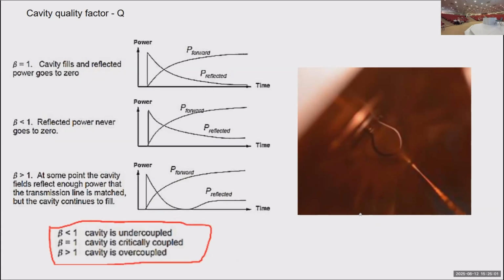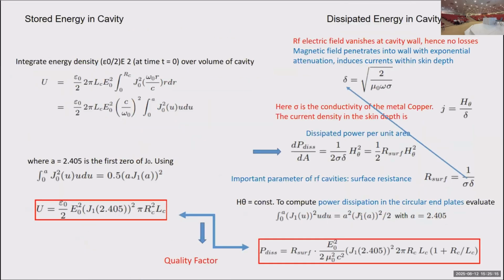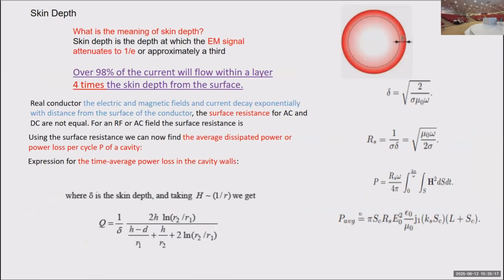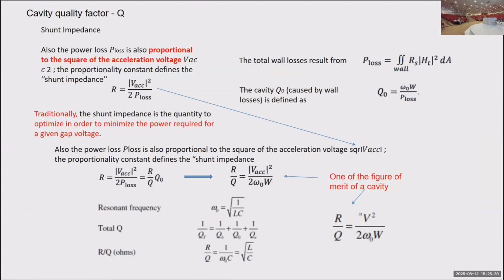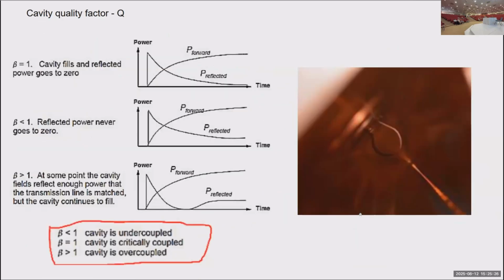Then, if beta is less than 1, the cavity is undercoupled. The cavity is overcoupled if beta is greater than 1.